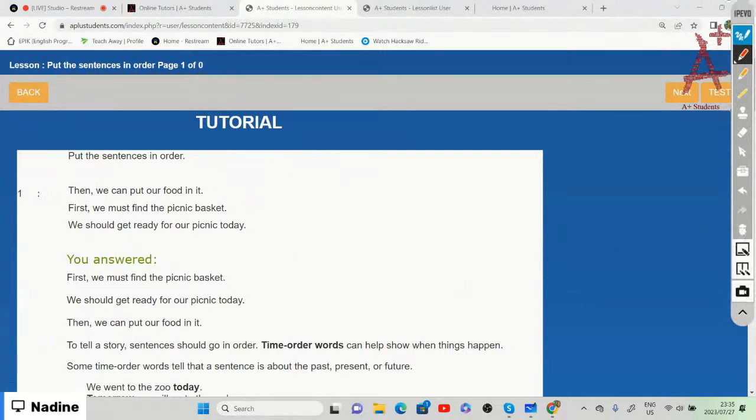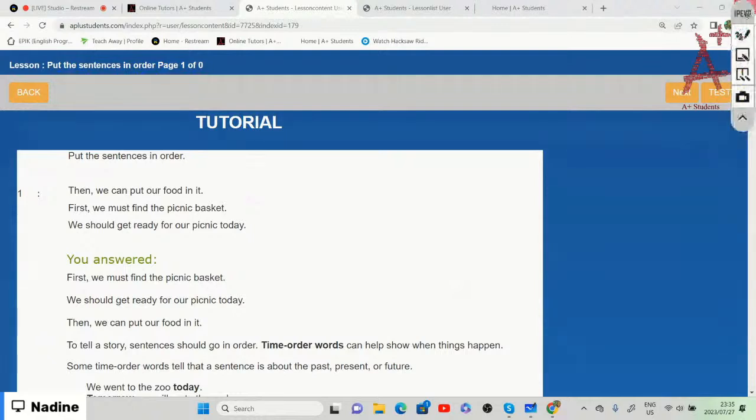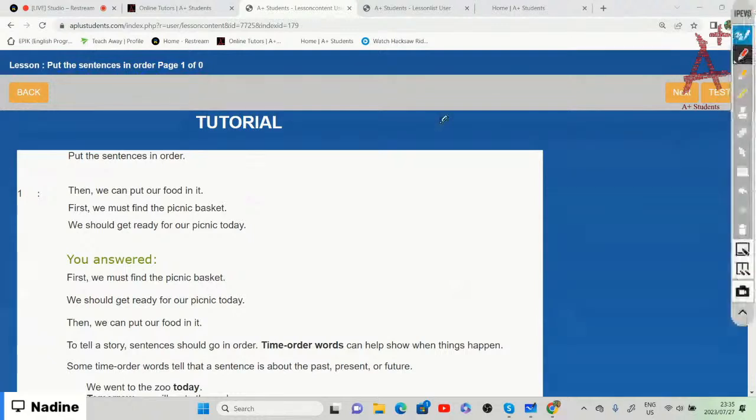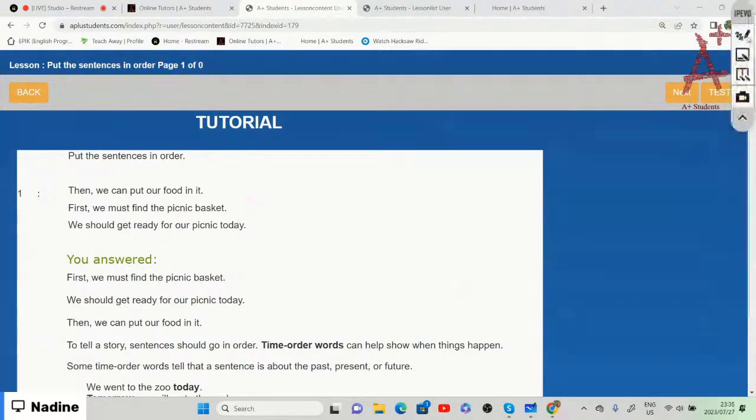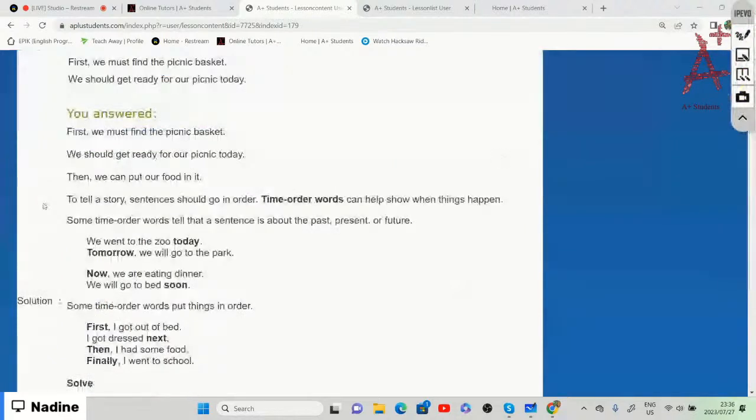Okay, so now to tell a story, sentences go in order. In order for you to tell a story. Time and order words can help show when things happened.